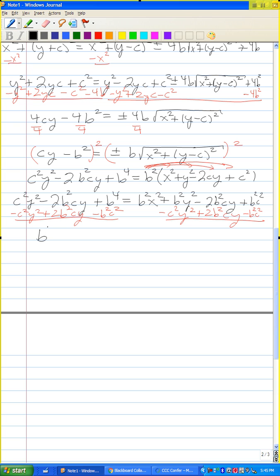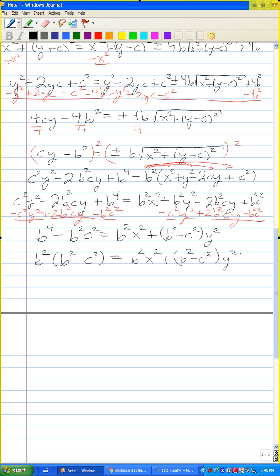And so you get b to the 4 minus b squared c squared equals b squared x squared plus (b squared minus c squared) y squared. The 2b squared cy's cancel. The b squared c squares cancel. Let me factor out b squared. So you get b squared times (b squared minus c squared), so b squared x squared plus (b squared minus c squared) y squared.